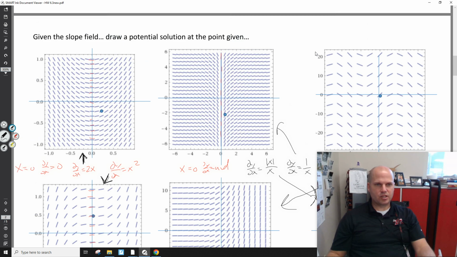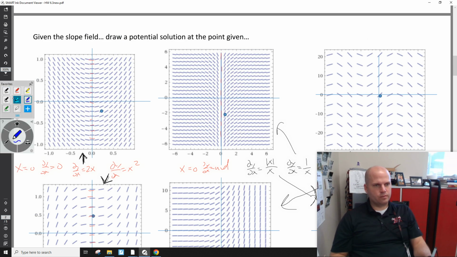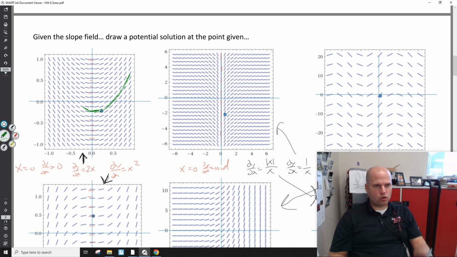The second thing is understanding how slope fields give you a visualization of your solutions. If these are my slopes, this would be a potential y equals graph whose slopes match.